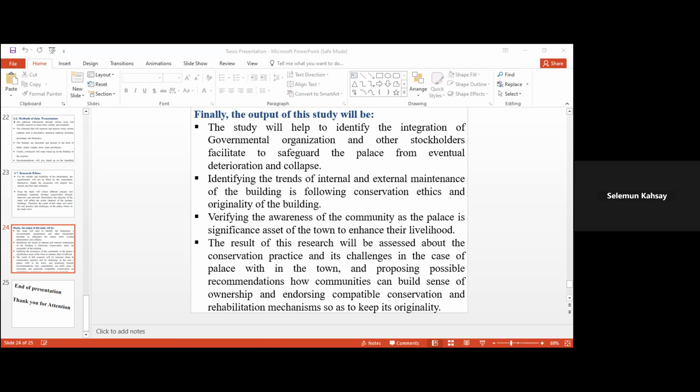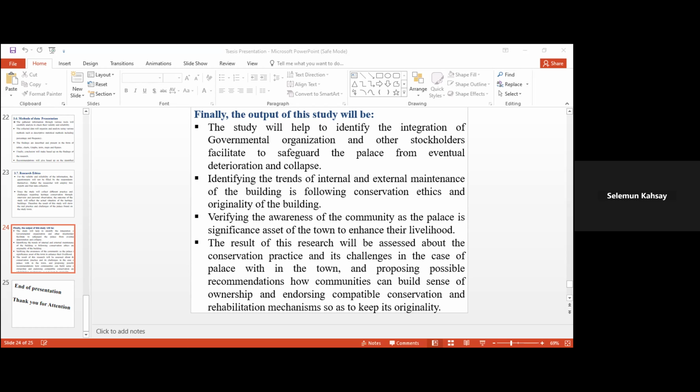Even looking at the outcomes of the study, there are no planner's outcomes here. They could be architectural or other professionals' outcomes.